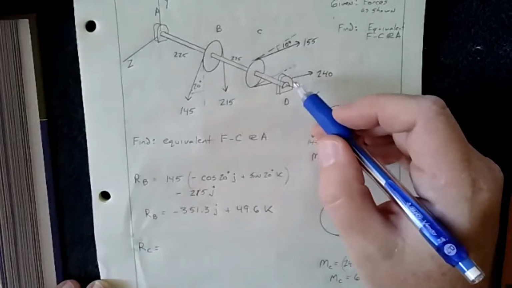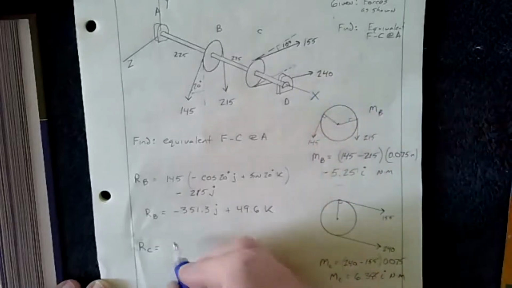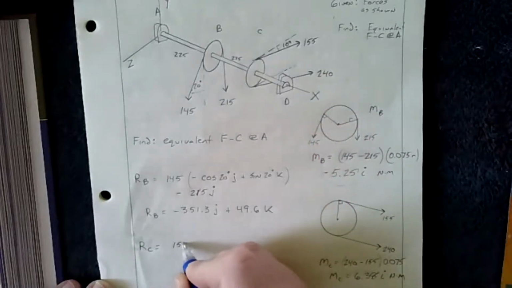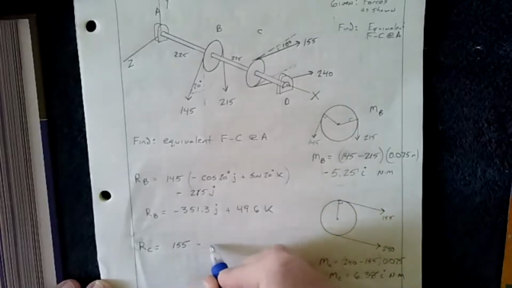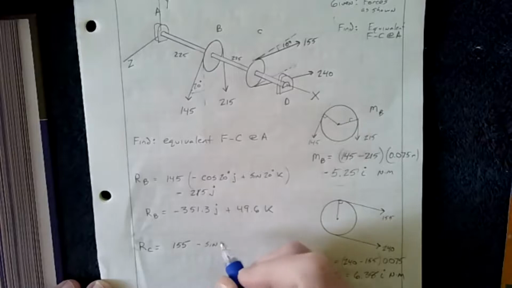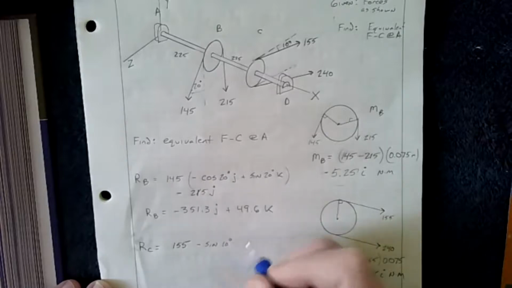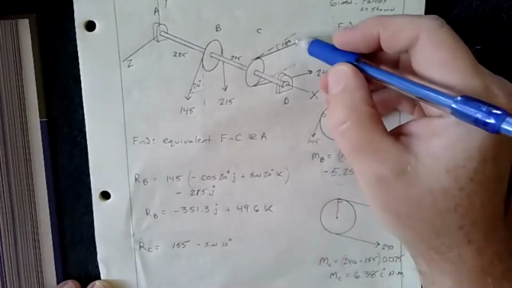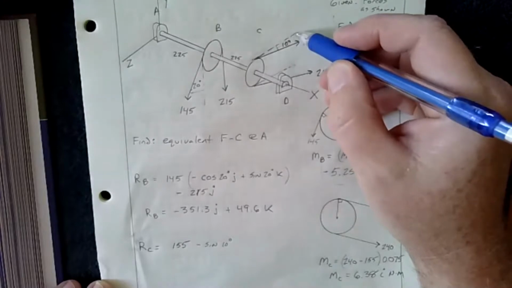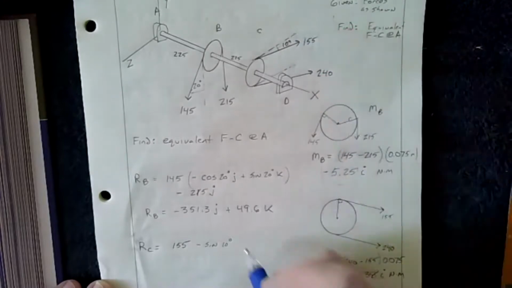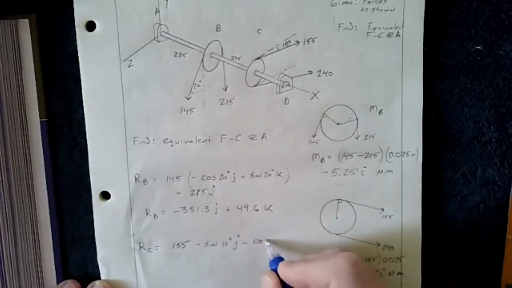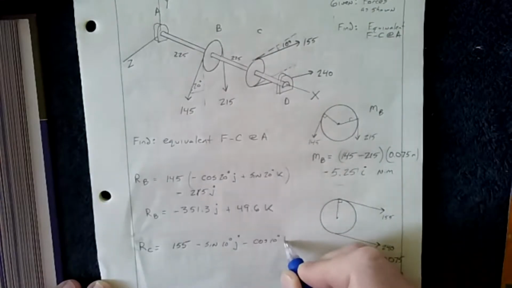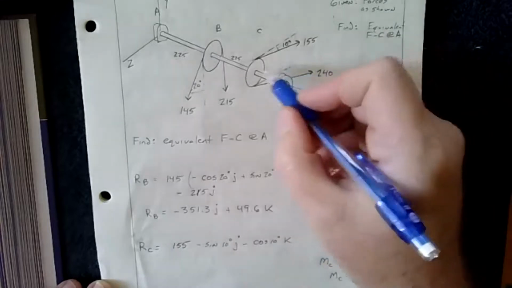So we can combine those, but maybe it's easier just to say 155 times negative sine 10 degrees j, because that's the component going in the negative j, minus cosine 10 degrees k.